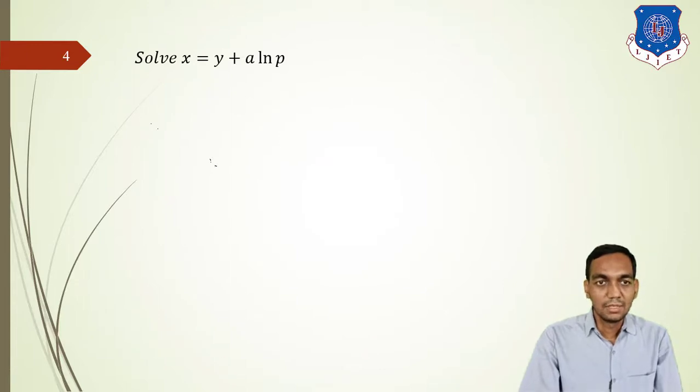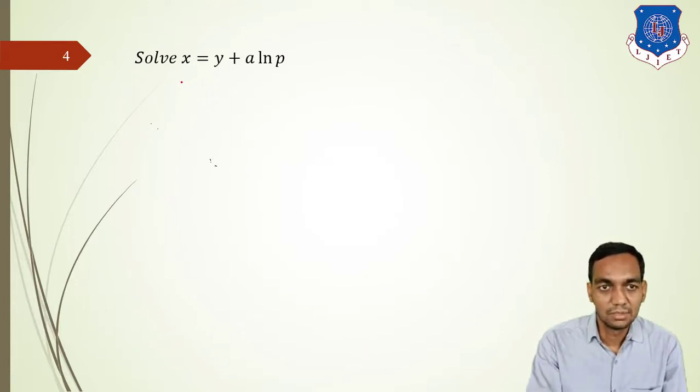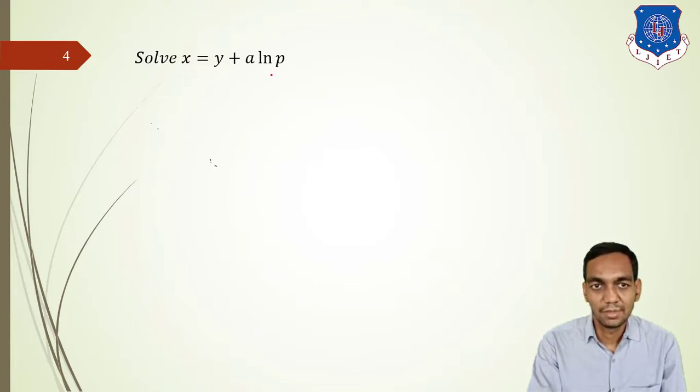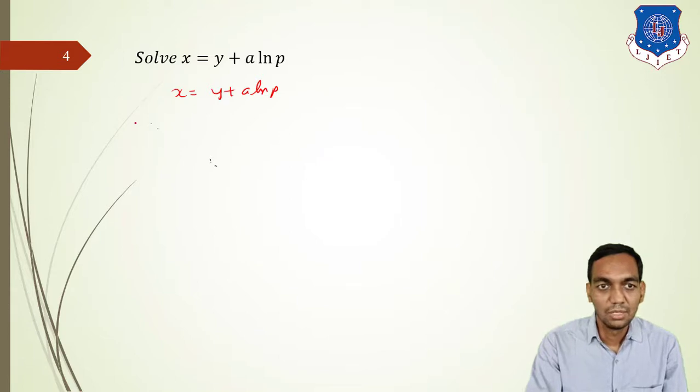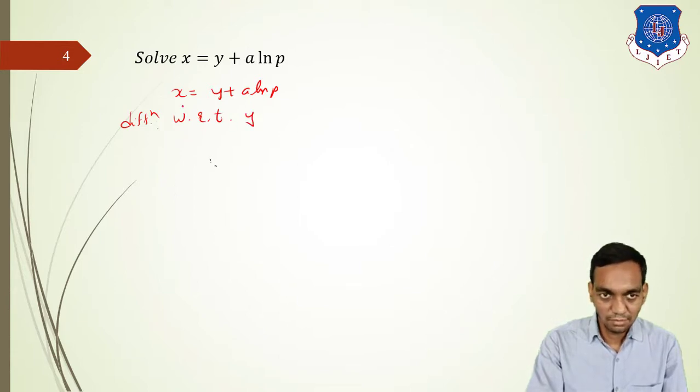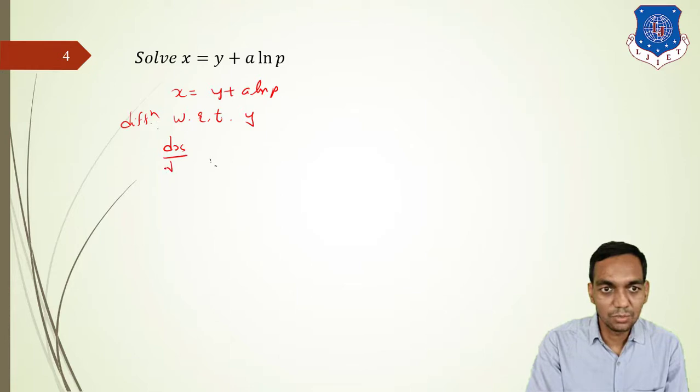Okay, now we are going on to the example. Suppose you have given x is equal to y plus a log p. So differentiating with respect to y both sides, that will give you dx upon dy is equal to 1 plus a into the derivative of log p, 1 upon p, into dp upon dy.